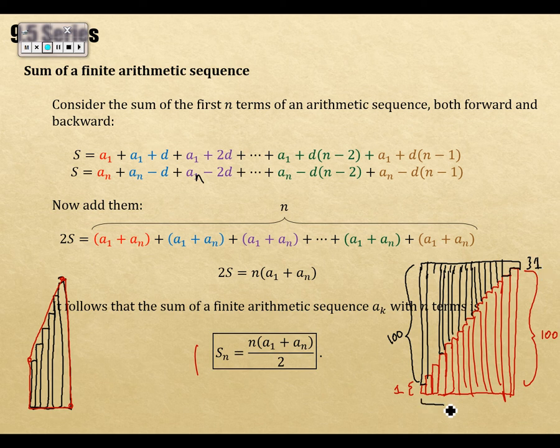And the area of a rectangle is easy to compute. The base is 100, and the height of this rectangle is 101. So what's the area of the overall rectangle? 10,100, right? Divided by 2 is 5,050, right? So there's a nice visual picture of Gauss's reasoning too.